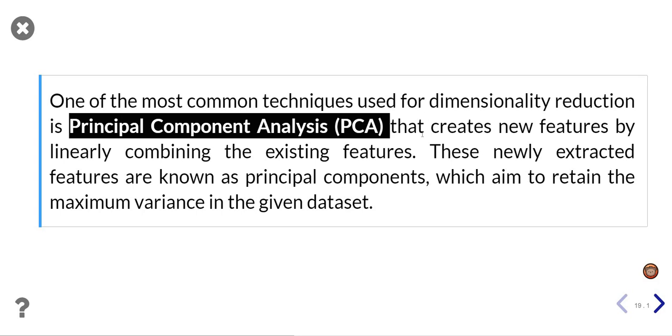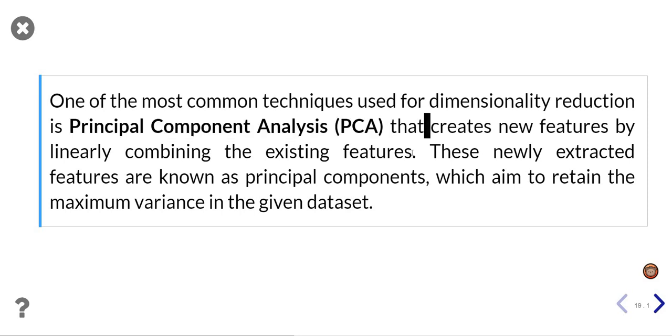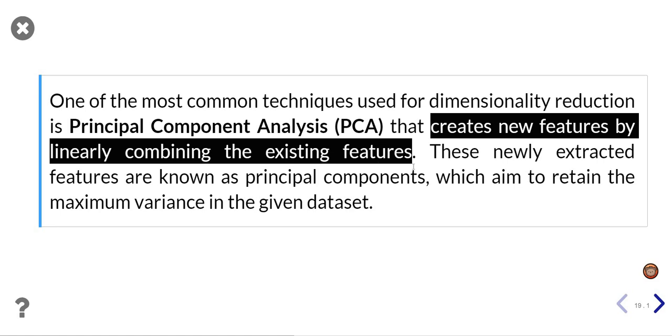So what does principal component analysis do? It creates new features by linearly combining the existing features. So let's say you have 10 features. What principal component analysis will do is extract from all those features, and maybe you'll just have 3 new features.